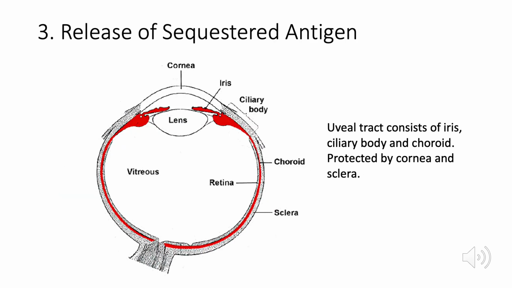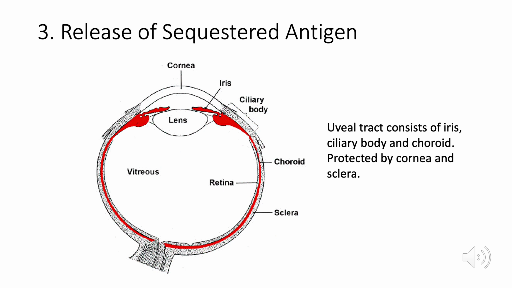Next is by release of sequestered antigen. Certain tissues such as sperm, central nervous system, the lens, and the uveal tract of the eye are sequestered so that their antigens are not exposed to the immune system. These tissues are located at immunoprivileged sites.